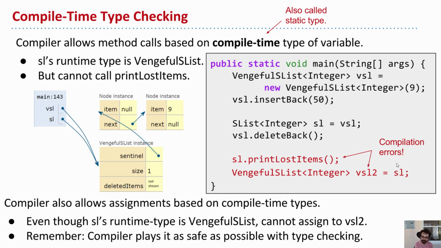Can you put an SLList in a VengefulSLList container? No, because not all SLLists are VengefulSLLists. So even though sl's runtime type is VengefulSLList, the compiler does not know that. When the code runs, it could in theory be fine, but the compiler doesn't know. So the compiler plays it safe. That raises an issue, letting us know how the compiler treats things.